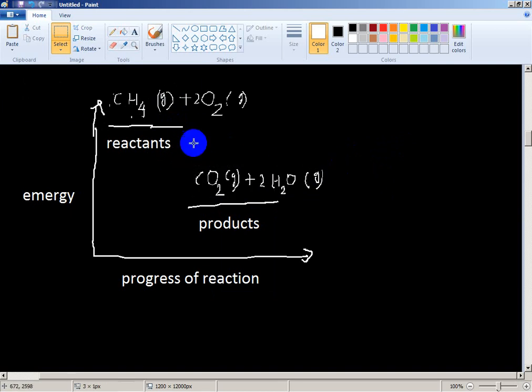Okay, have you written? Here is methane, CH4, oxygen, plus CO2. Methane plus oxygen is the reactant. Here carbon dioxide and water is the product. The arrow sign will be from reactant to product. This way you write reactant to product, right?